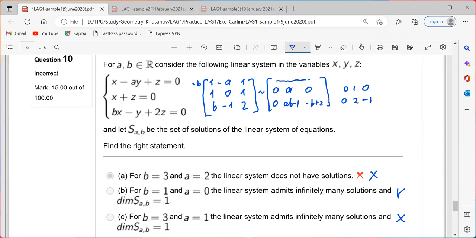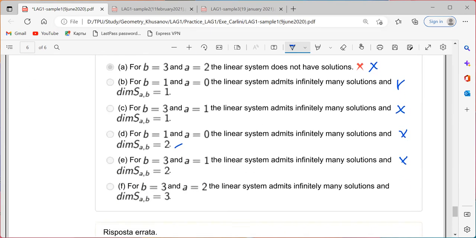That's why the dimension of solutions may be just 2 or 1, but not 3. We cannot obtain all 3 variables as free. We have at least one leading element, and that's why the number of free variables will be not more than 2. That's why this kind of answer will also be wrong.